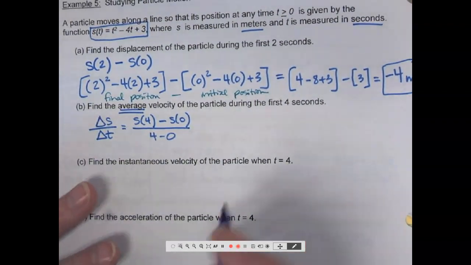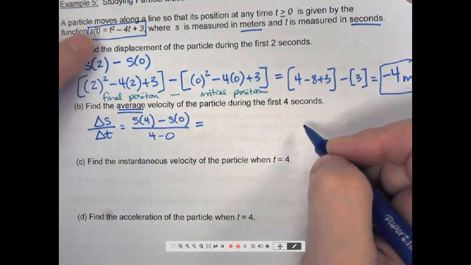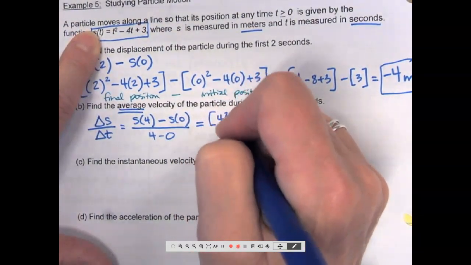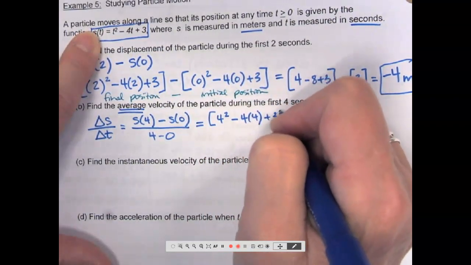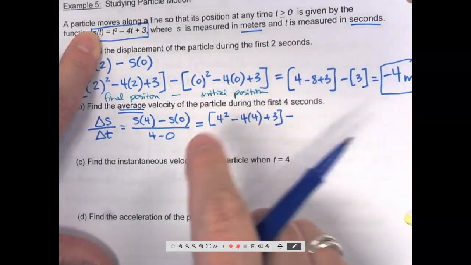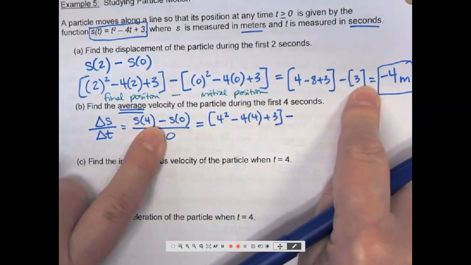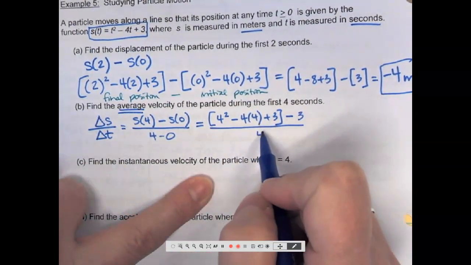Or you could just say 4, because 4 seconds have elapsed. So s of 4, I'm going to plug that in. 4 squared minus 4 times 4 plus 3 minus, I already know what s of 0 is, don't I? It was 3, divided by 4.